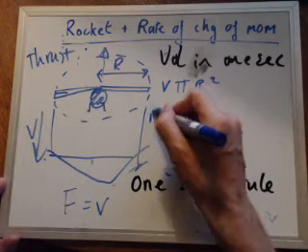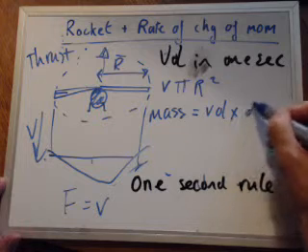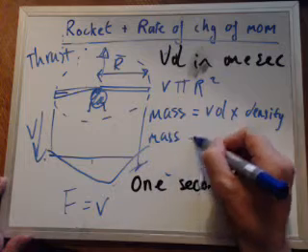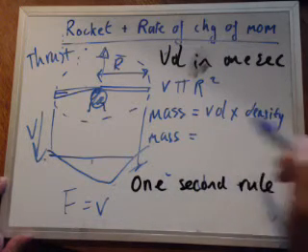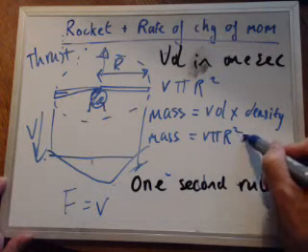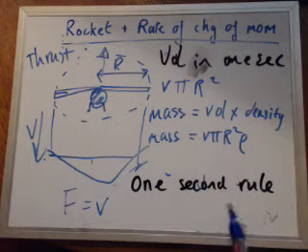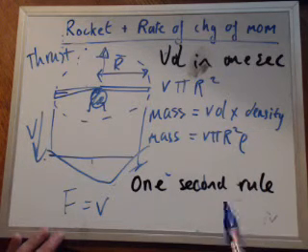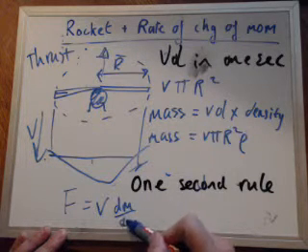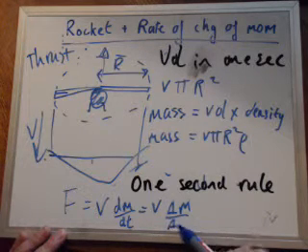And therefore the mass is equal to volume times density, so v pi r squared times rho. That's the mass in 1 second. Using the 1 second rule, F equals v dm/dt, velocity times change in mass over change in time.